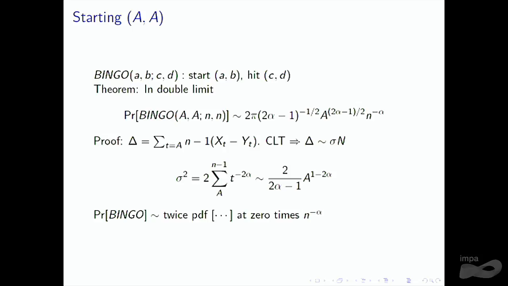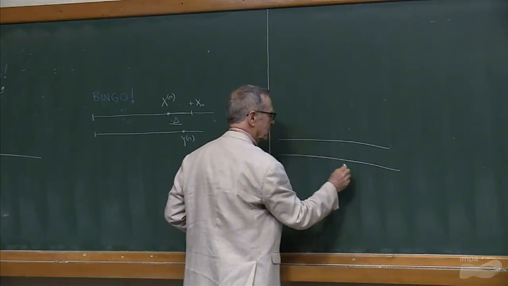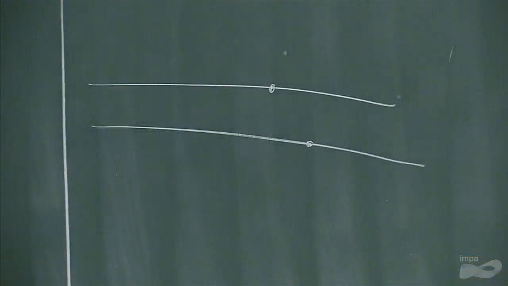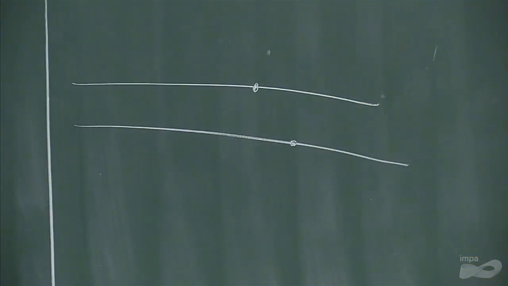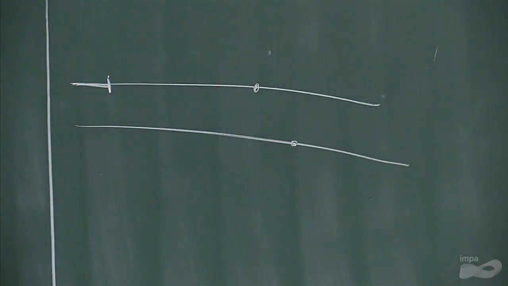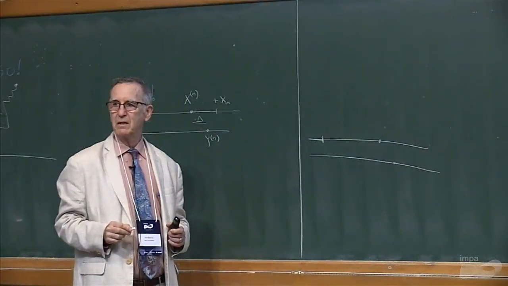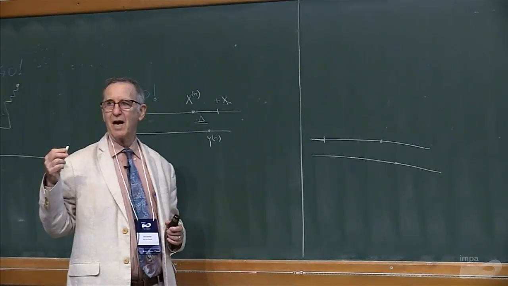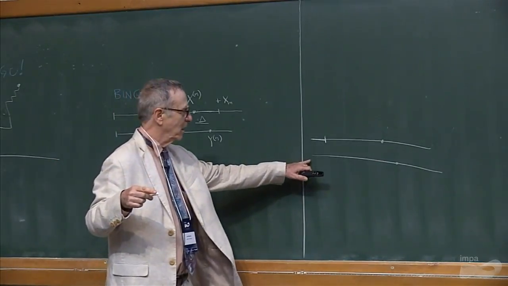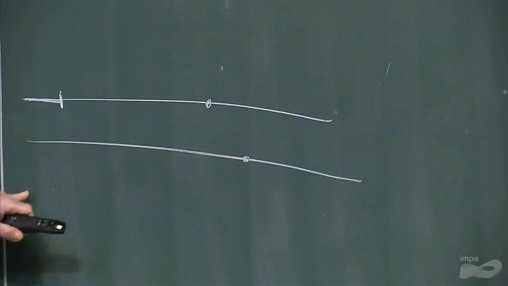So what happens here is that this is what it would be if you both went out to infinity, except that you start with a lead, because all the steps, the time it takes to go from A minus lambda root A to A plus lambda root A, this one has to take and this one doesn't.